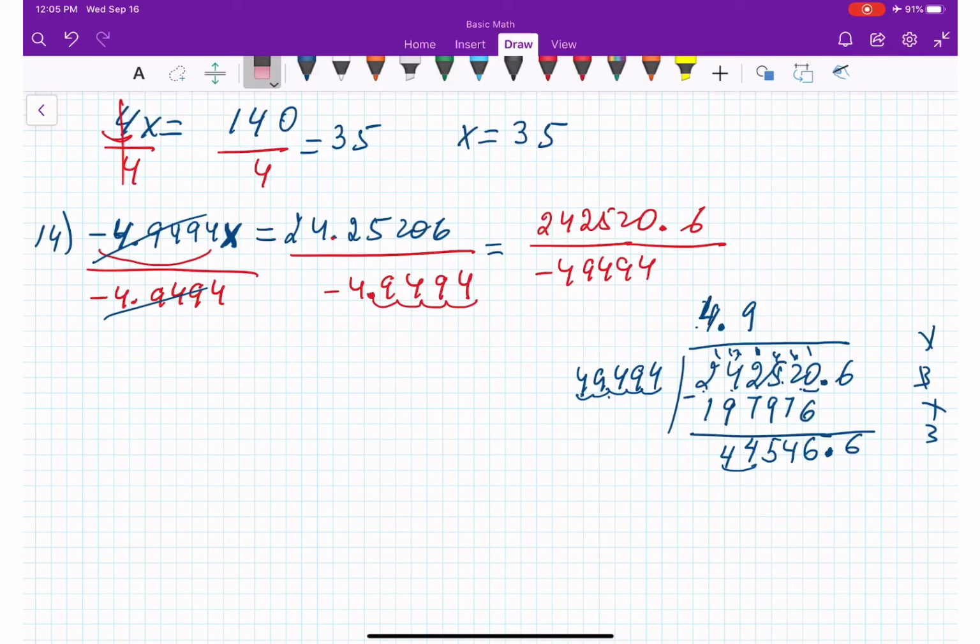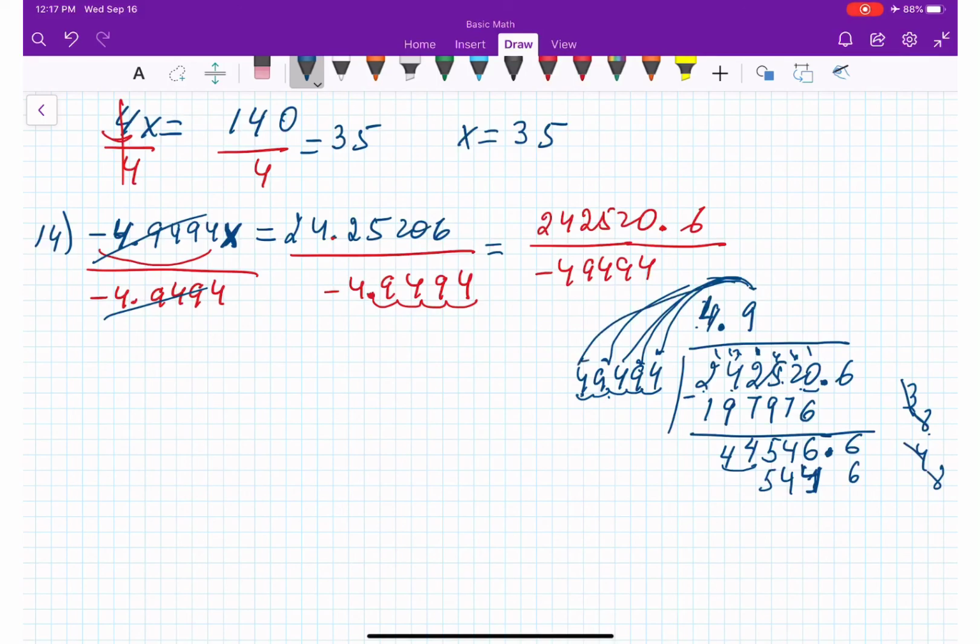Okay, 9 times 4 is, let me clean this also. So 9 times 4 is 36, 3 in mind. 9 times 9 is 81, and 81 and 3, 84. 8 in mind. 9 times 4, 36, and 8, 44. 4 in mind. 9 times 9, 81 and 4, 85. 8 in mind.